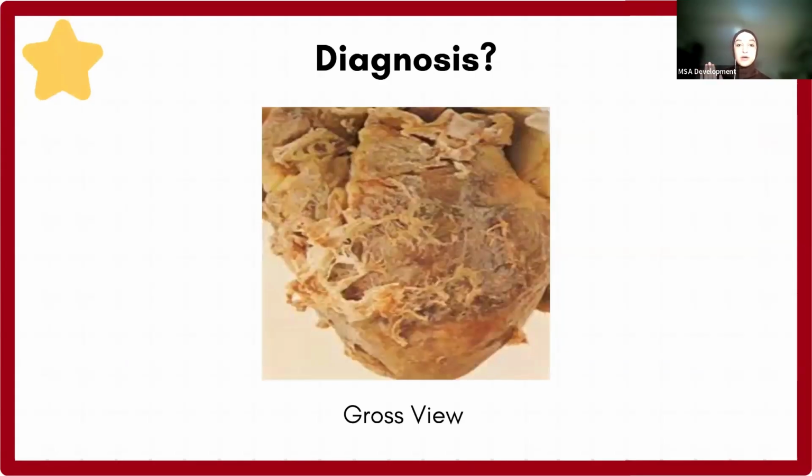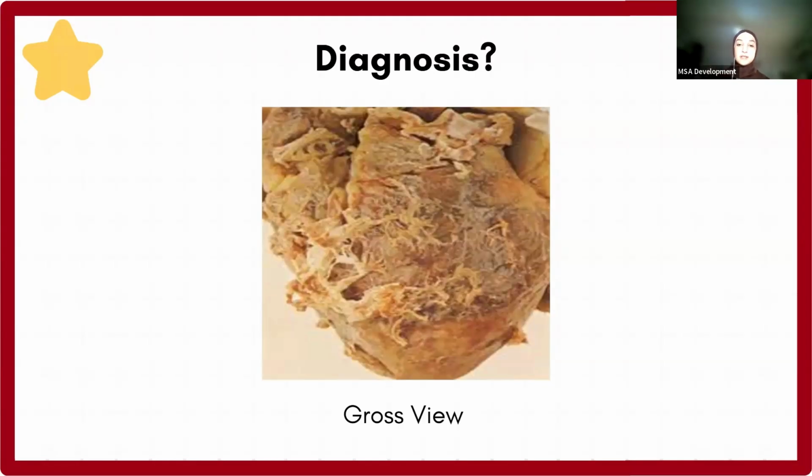Now, we're done with the vessels. Moving on to the hard stuff. So what do we have here? It's very flaky, it's very dry, it's very fibrinous. So we have fibrinous pericarditis. It's the most common type of pericarditis, along with serofibrinous.